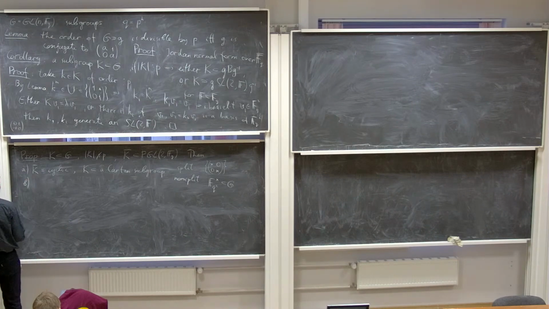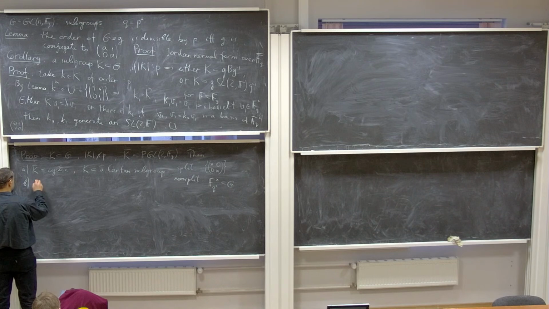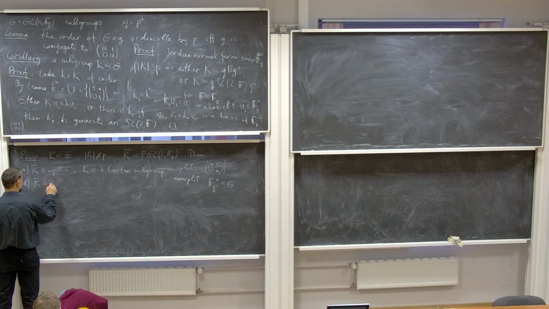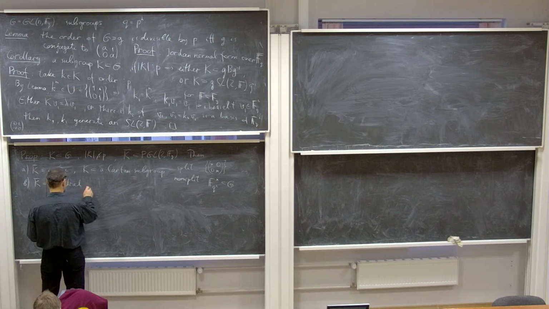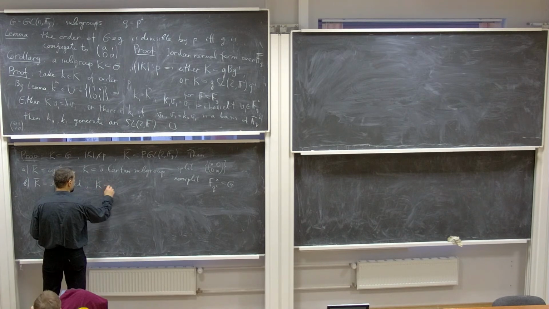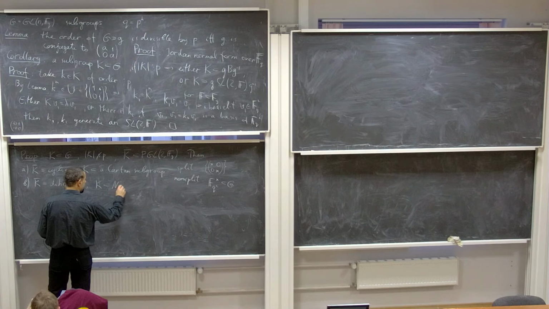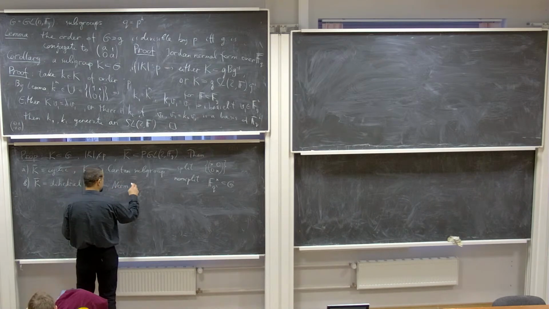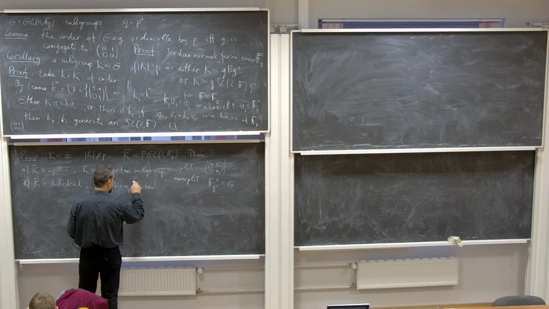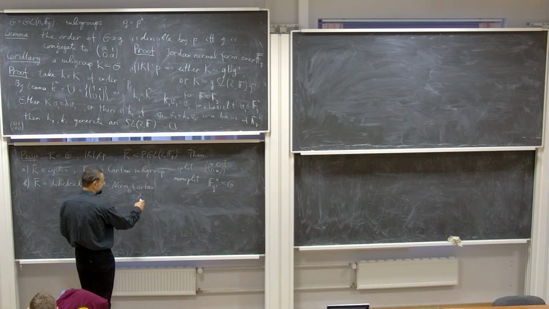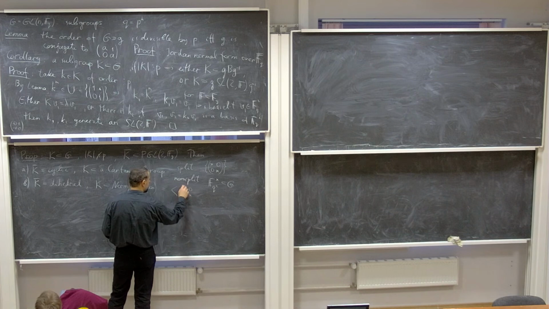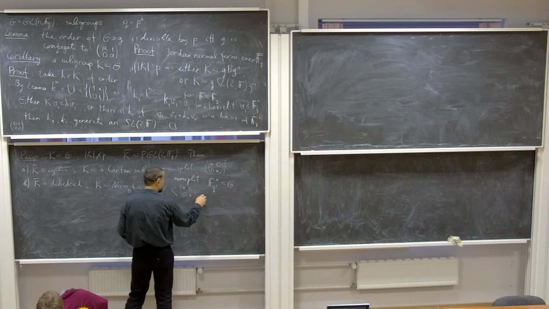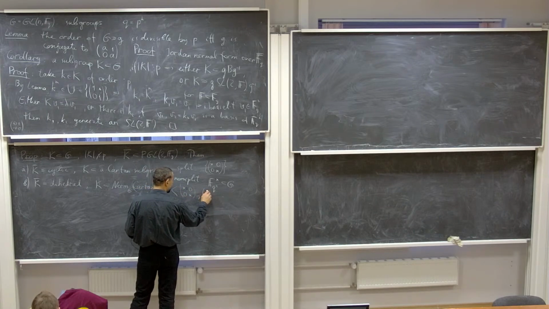Now, another possibility is that the image of K is dihedral, and then K lies in the normalizer in G of this Cartan. That is, for diagonal matrices, this is something which is generated by the Cartan itself and this W element.